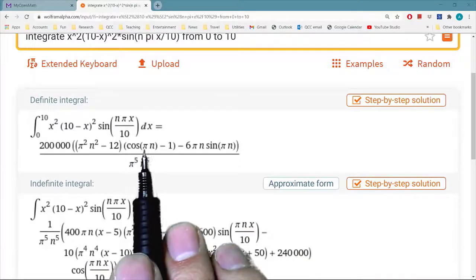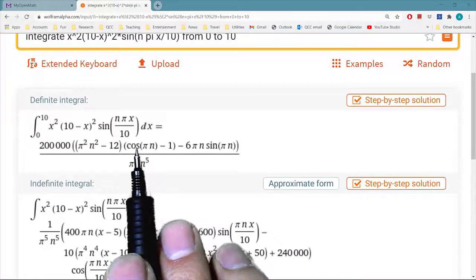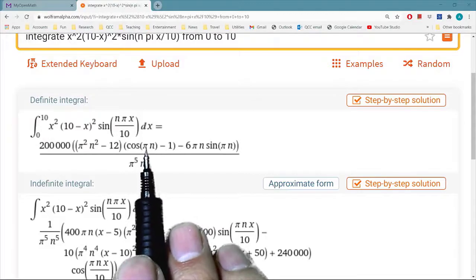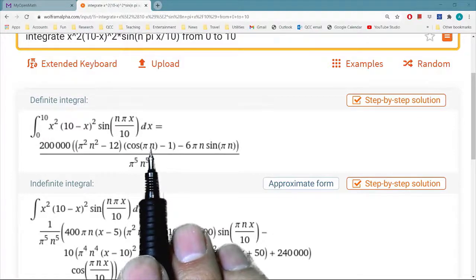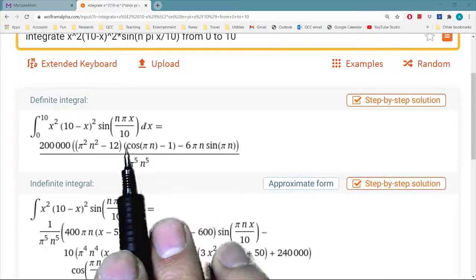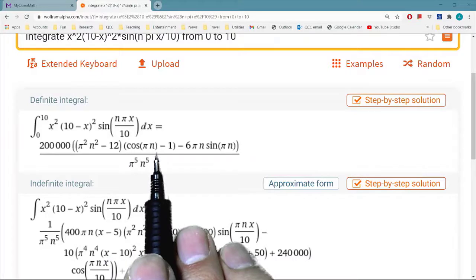Well, cosine of pi times n is either equal to positive 1 or negative 1, depending on whether n is even or odd. So this piece over here can just be written as (-1)^n. So that's not that bad.